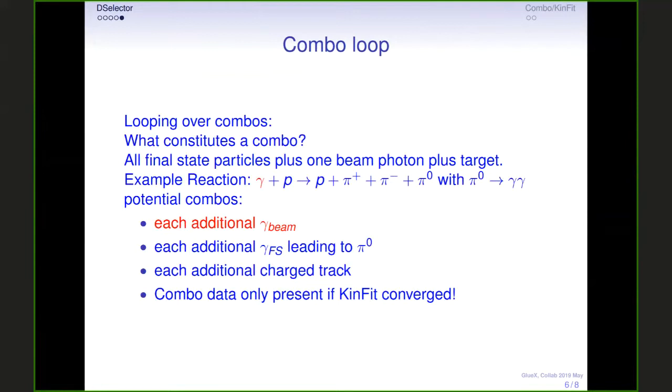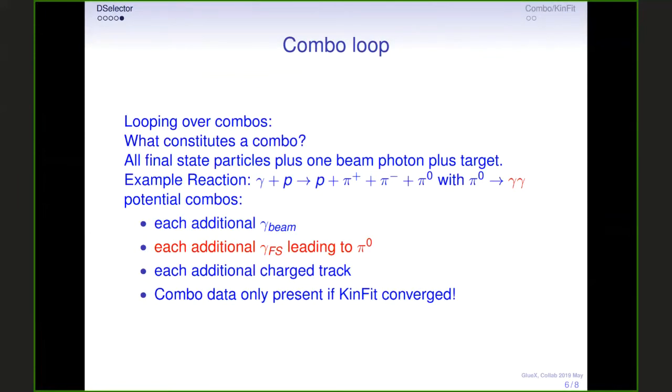And the combinations that you can have for a given event is, for each beam photon you have a combination. Sorry, for each additional final state photon you can have a combination that comes into place with the term unused energy.